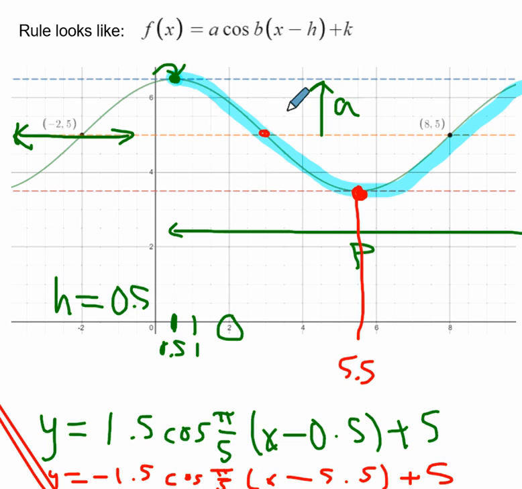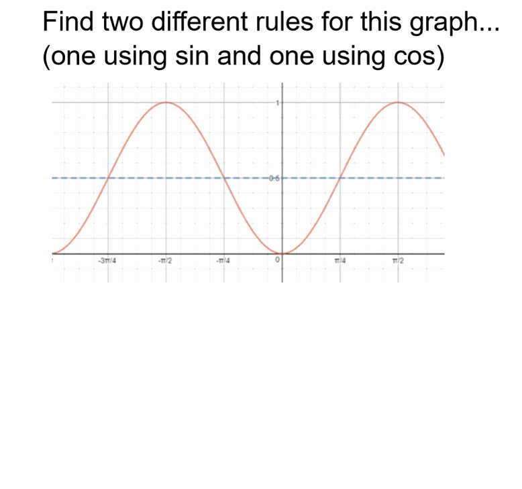So I'll give you one graph to practice. I want you to find two different rules for this graph, one using sine and one using cosine. And you could use Desmos to check if your work is correct, or you can pause the video, try it on your own, and then come back and I'll give you the solution quickly.